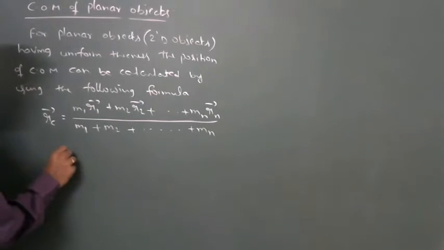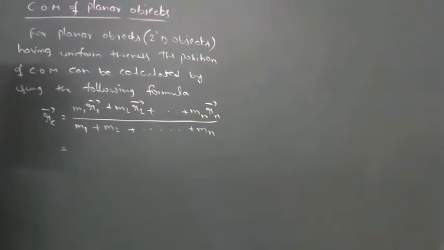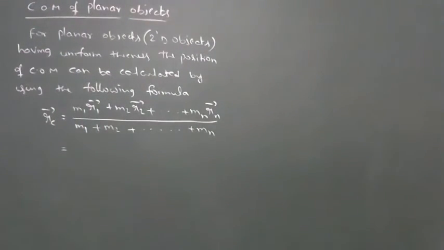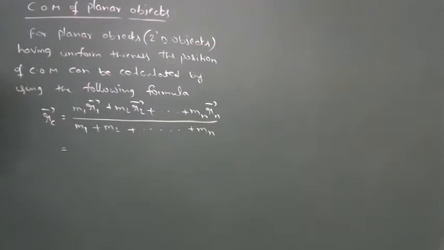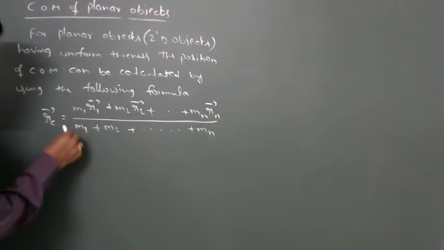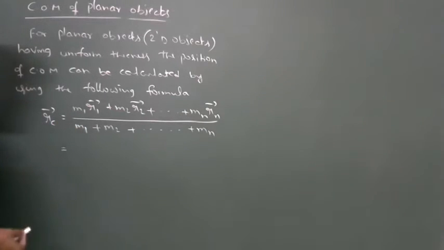Mass is equal to volume into density. Since the object is made up of the same material, density is the same. Volume means area into thickness.